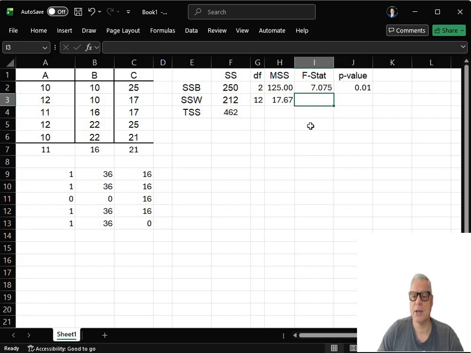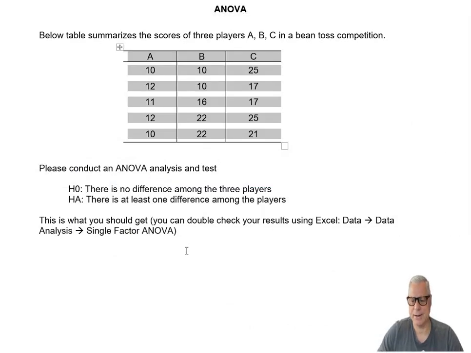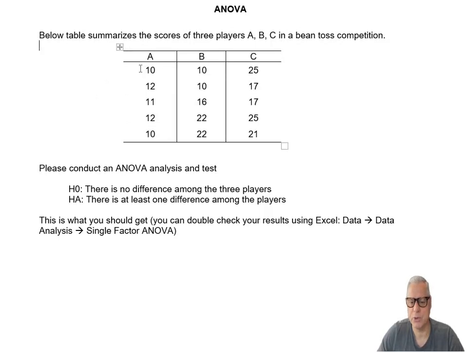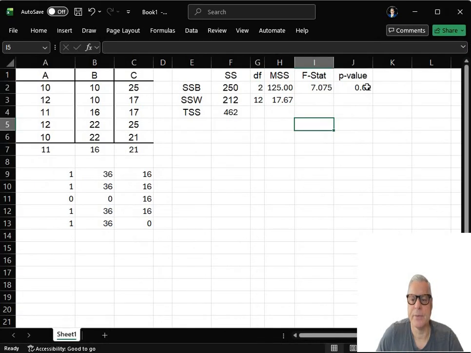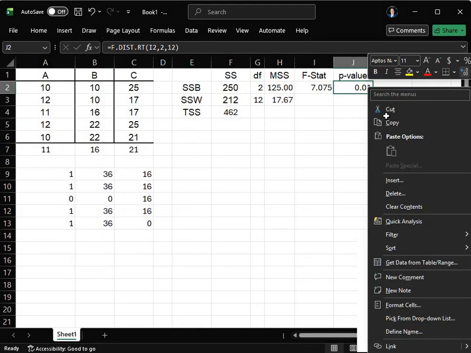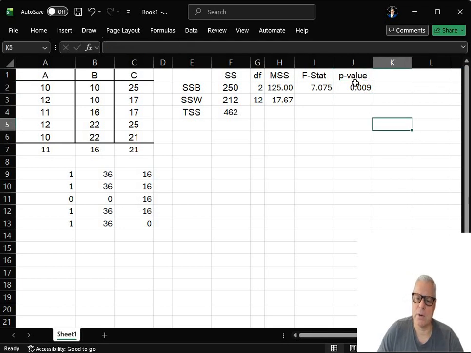We could also calculate the critical value, but as you can see in the question, I didn't give you an alpha. So commonly we would use an alpha of 5%, but because we already know that our F statistic is even significant at an alpha of 1%, we can calculate two critical values.